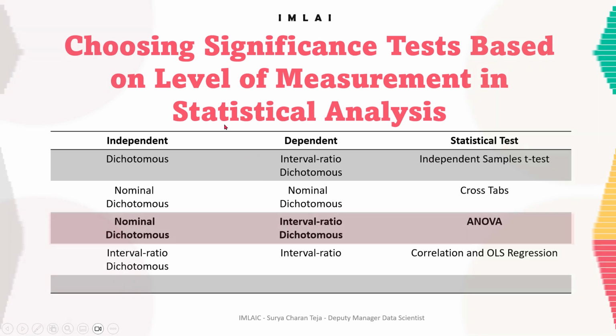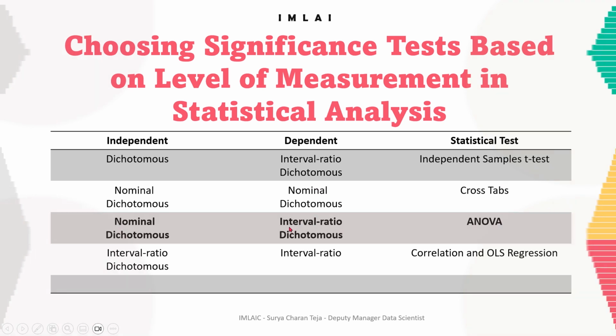If we mainly focus on the dependent variable first: if your dependent variable is interval, ratio or dichotomous, you can go for the independent samples t-test. And if your dependent variable is nominal or dichotomous, you can use crosstabs.